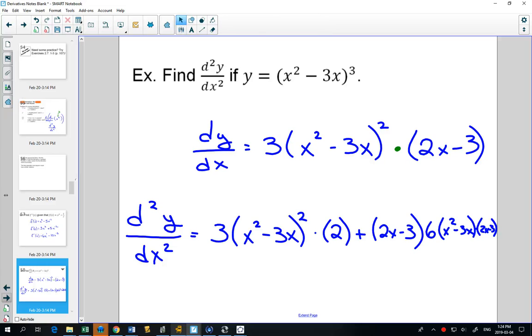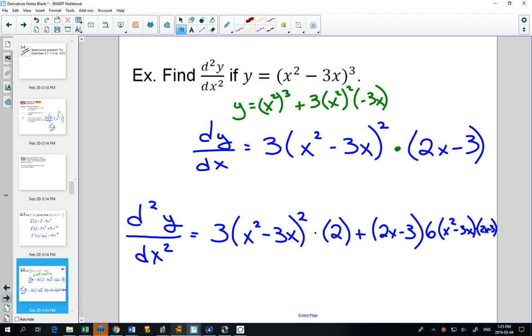So if you multiplied this out, can you see that this would be x squared cubed plus 3 x squared squared times minus 3x plus 3 x squared times minus 3x squared plus minus 3x cubed. So I just multiplied that out using the binomial theorem.